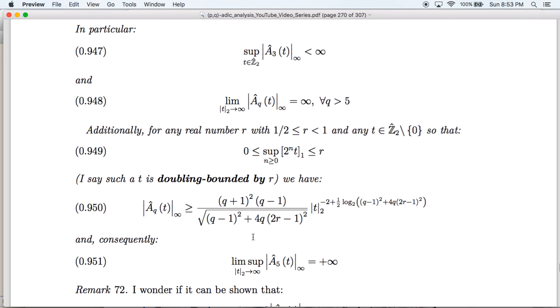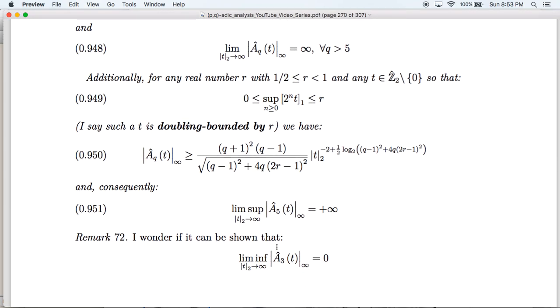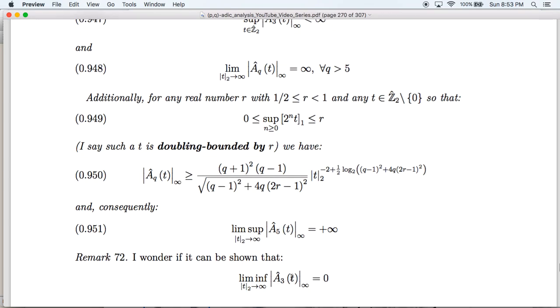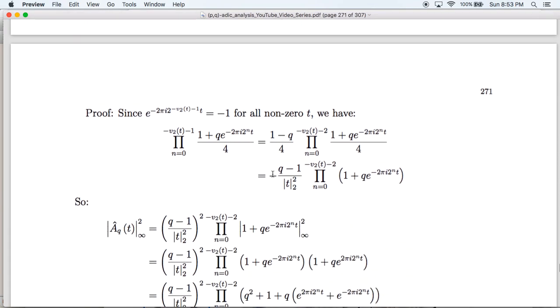In particular, this shows that the lim sup of a5 hat of t is going to diverge. So there are some t for which, as you go to infinity, this will be bounded, for other ones it won't be. And in particular, I'm curious if we can show that the lim inf of a3 hat of t is equal to 0.